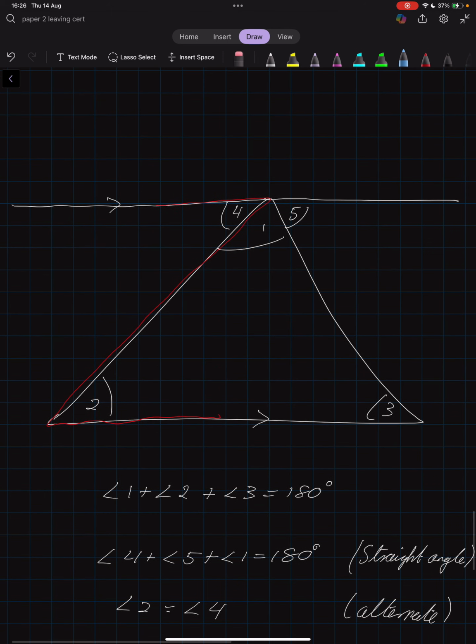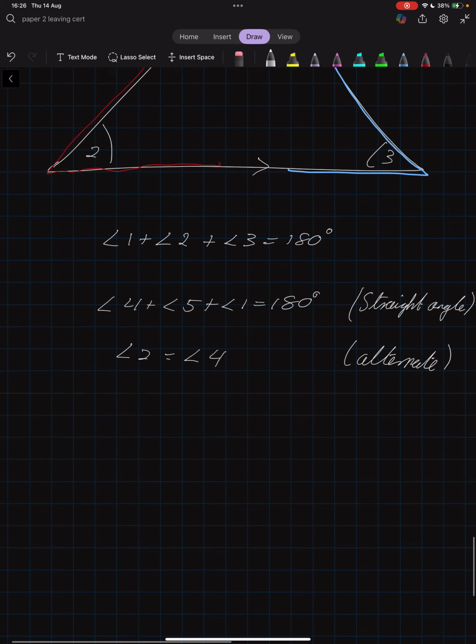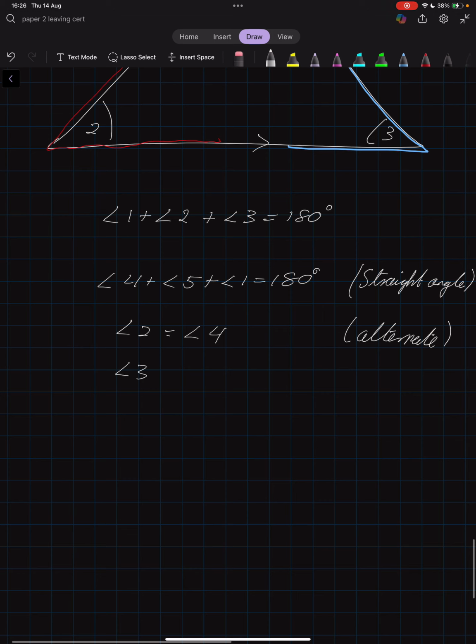The same thing with 3 and 5. This is a Z down here, and therefore angle 3 equals angle 5. Again, it's just alternate, okay?